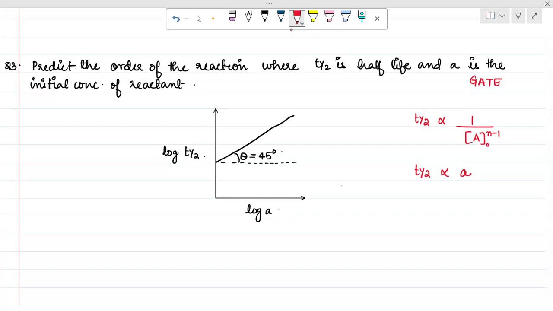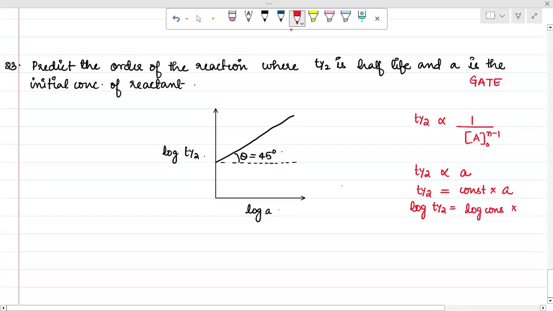Now, if I want to remove this proportionality sign, I'll write T half is equal to some constant into A. Now, if I take log on both sides, log of T half is equal to log of some constant, plus log A.